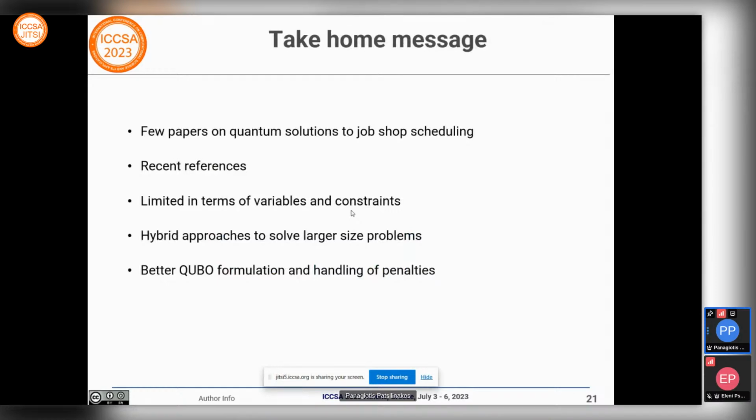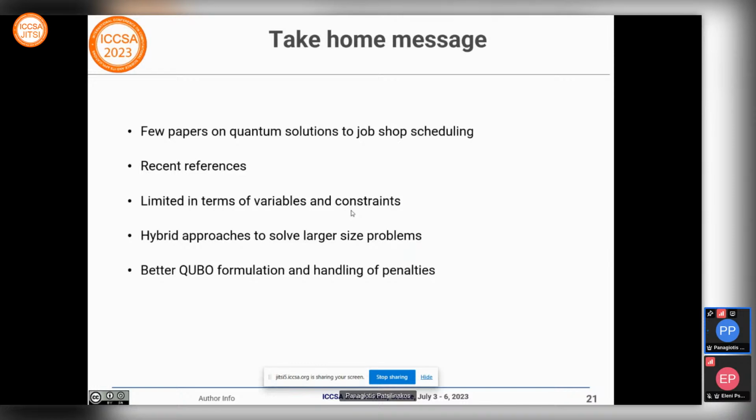So just to conclude, we have in the literature only a few papers dealing with quantum solutions for scheduling problems. The references are very recent. In any case, we are limited in terms of variables and constraints that we can put into our models.